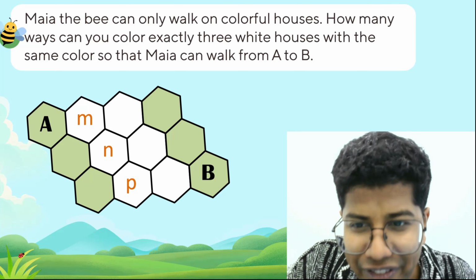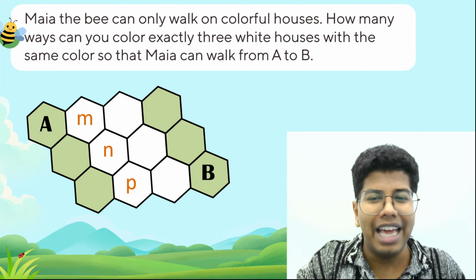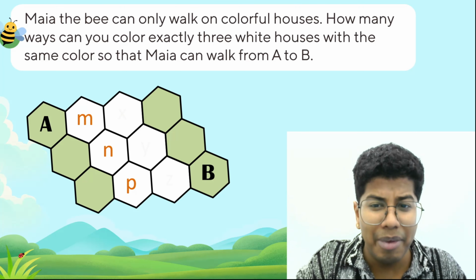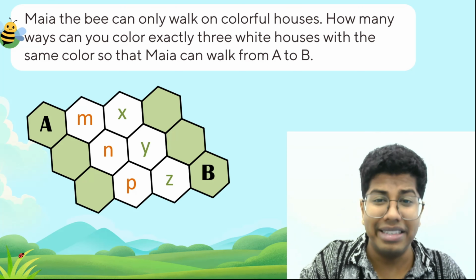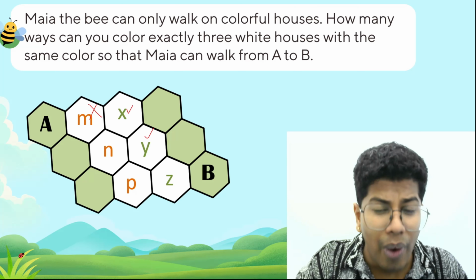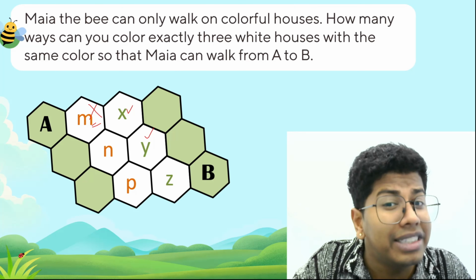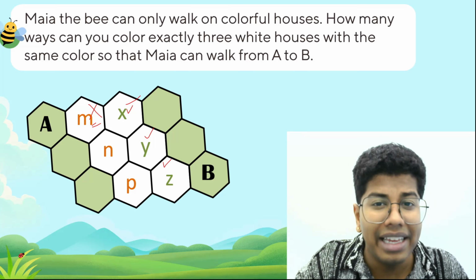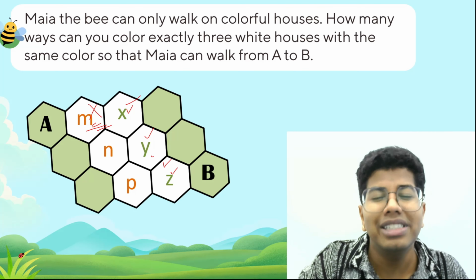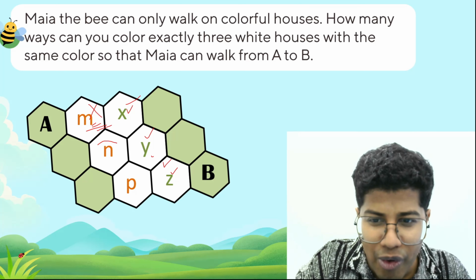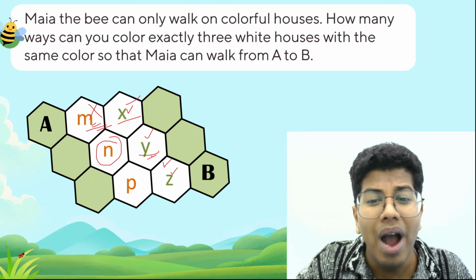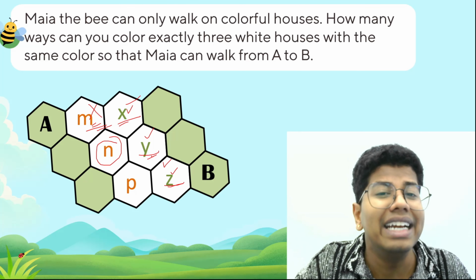Now, here, if you observe, the path that we have followed to find out the order is, I can name this as M, N and P and I can name them as X, Y, and Z. So what we can do is select 1 from M and 2 from X, Y. Then keeping the M same, we can choose X and Z. Keeping the M same, we can choose Y and Z. So this is how we can proceed. Then we can move on to N and the step remains the same: X, Y first, Y, Z later and X, Z later.